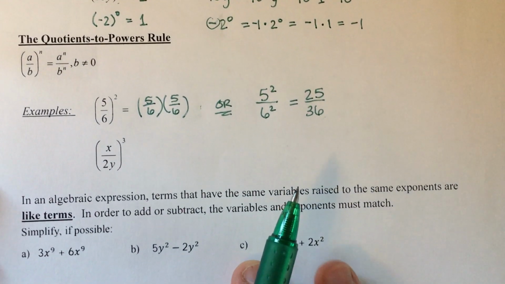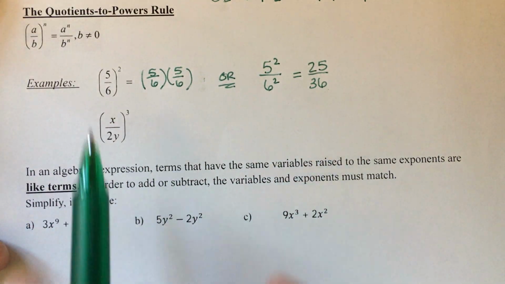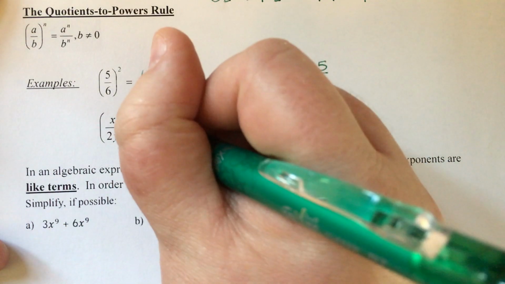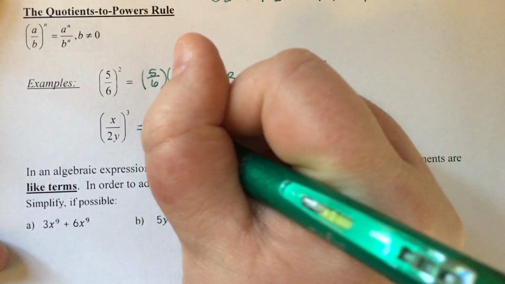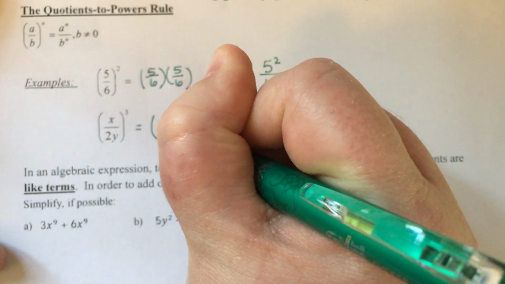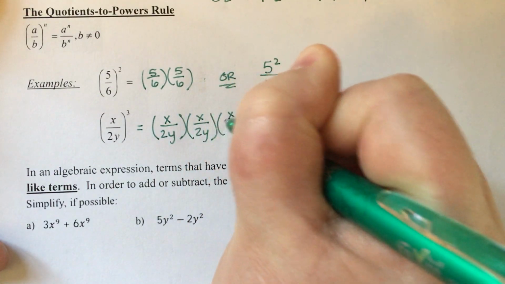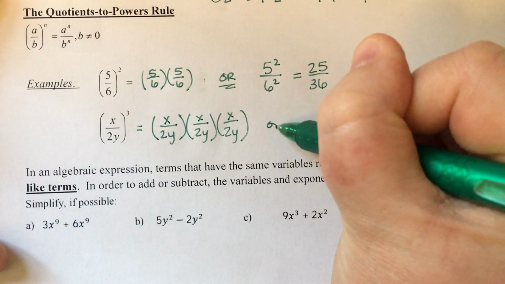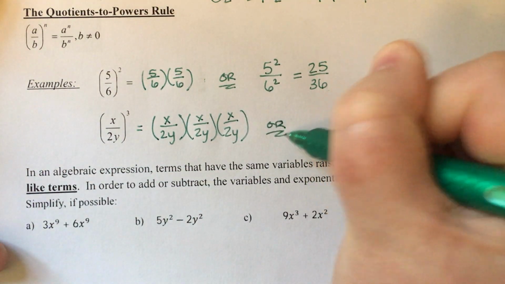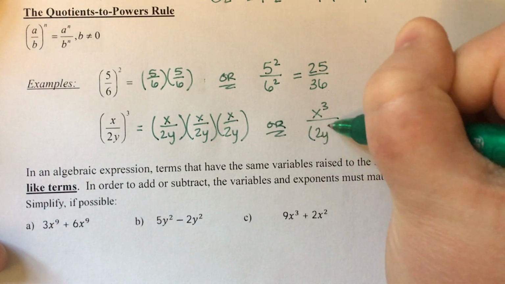This is even more important when we have variables, so we can't just type it into a calculator. We have to know that this cubed, and I like showing both ways, one way to do this is to write it out. Cubing means multiply it 3 times by itself. But the rule that we're using says you could also just do x cubed and then 2y cubed.